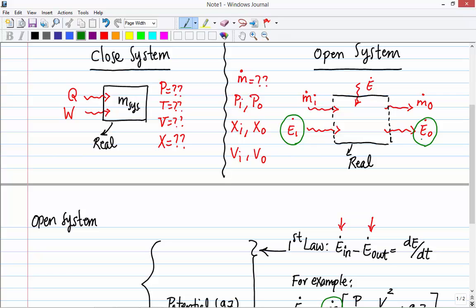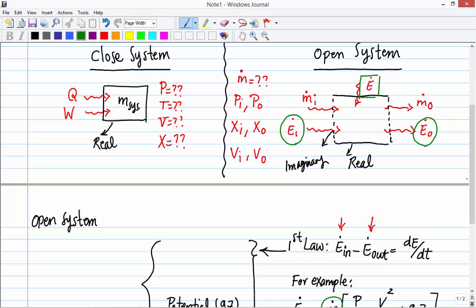And these two are passing through an imaginary boundary. These dashed lines are imaginary. Okay, but we have another E dot, which is this guy, and this one passes through a real boundary.